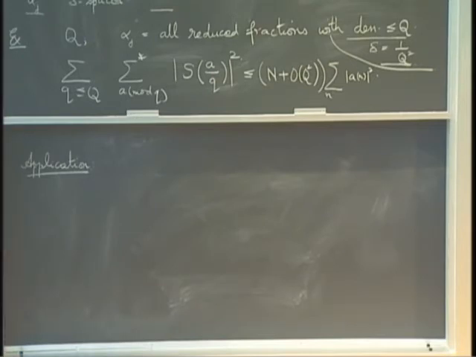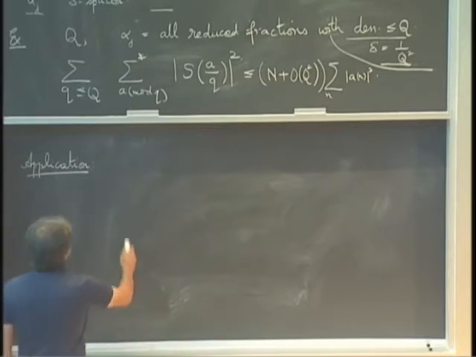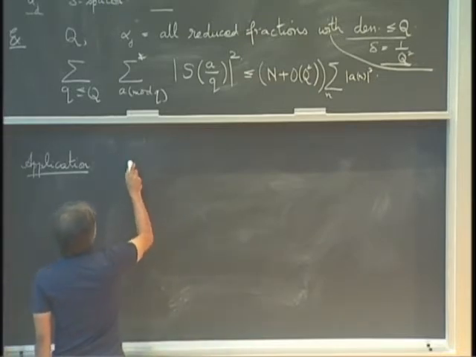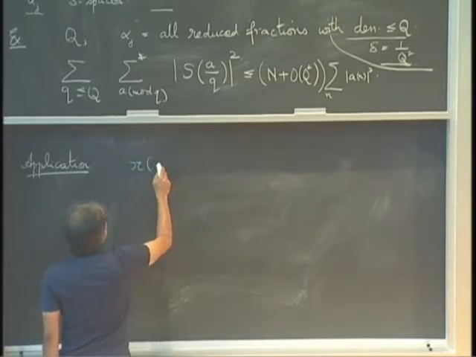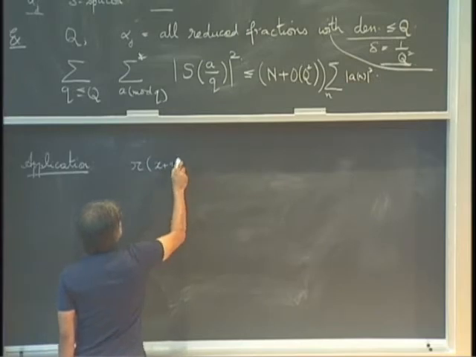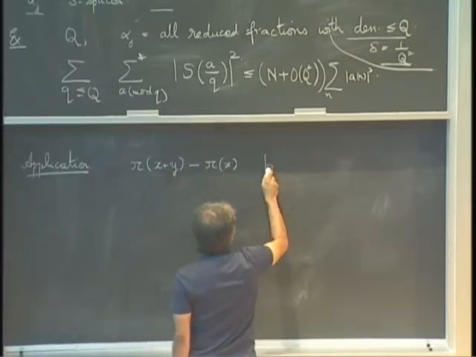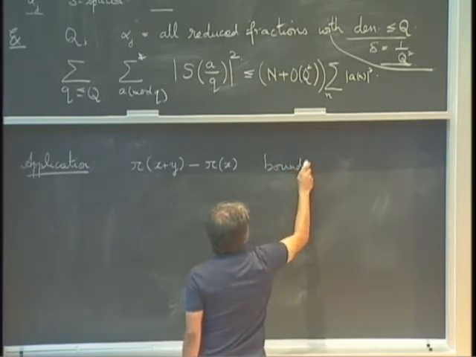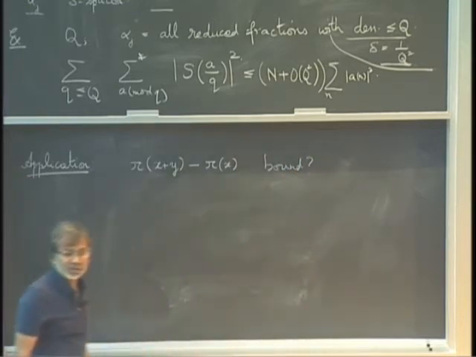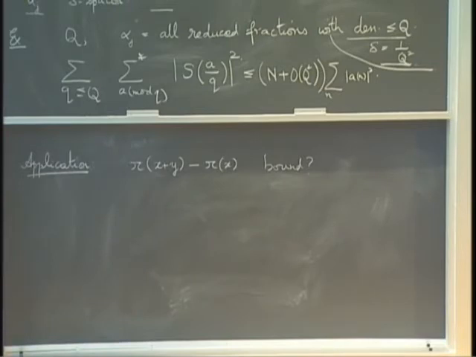To give an application of this, let me return to my problem of counting the number of primes in an interval from x to x plus y. This is the Brun-Titchmarsh theorem that we proved using the Selberg sieve a couple of days back.